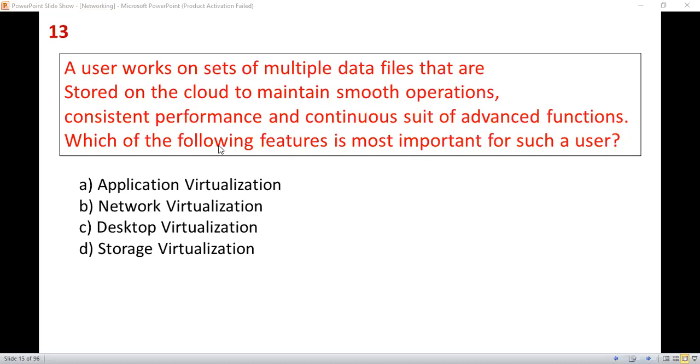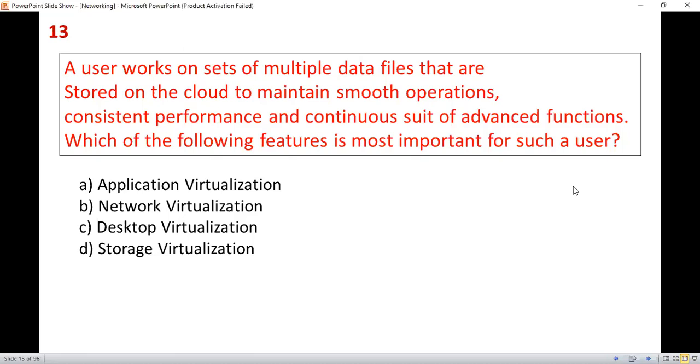Here we are talking about storage of data, multiple data files we want to store in a cloud, and we want to maintain that operation in a smooth way. Our operation is performed continuously, and we can use advanced functions also. So if we are talking about storing data, then we can use storage virtualization, and it's a very simple answer for this question.